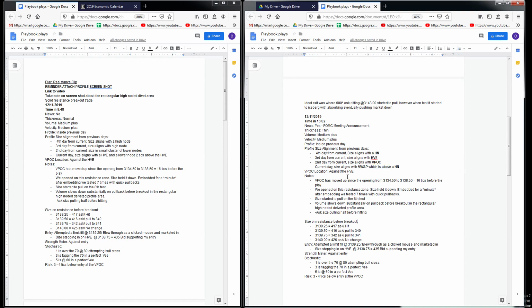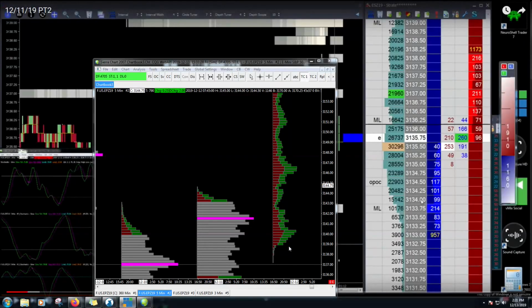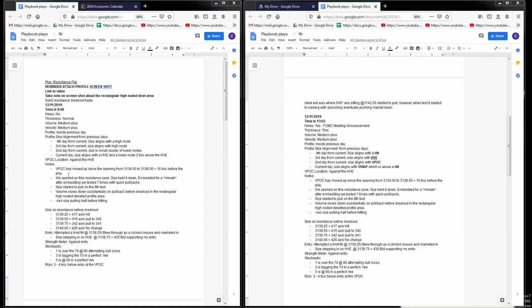The VPOC location is 1, 2, 3, 4, 5, 6 ticks. Six ticks below size.